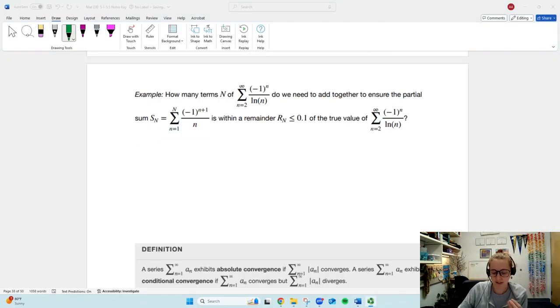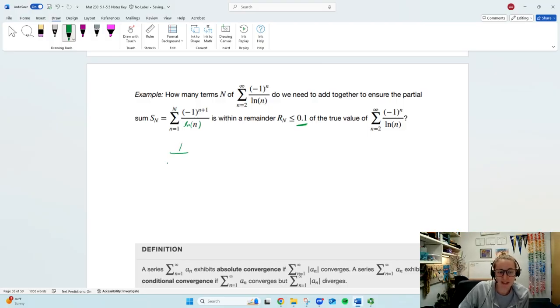This is a continuation of this, so there's supposed to be an ln of n right here. So now we know what we want our remainder to be within. How many terms do we need to add together? Again, I'm not paying attention to my alternating part.